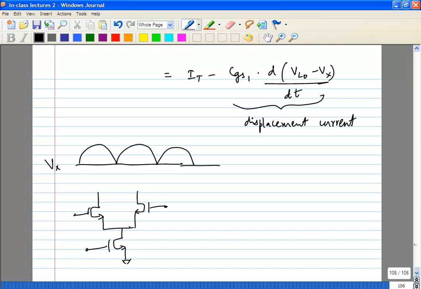So your switching speed, if I can call it that, is not directly proportional, but depends on the VLO to VDSAT ratio. So if your VDSAT is small and VLO is large, that is the ideal condition you want, because the differential pair transistors will switch very fast.